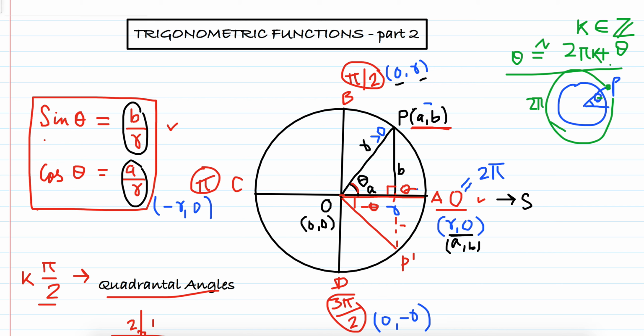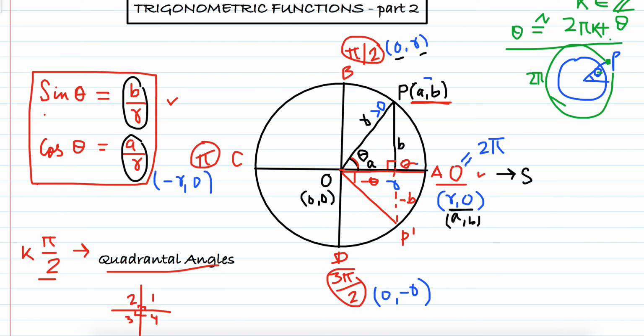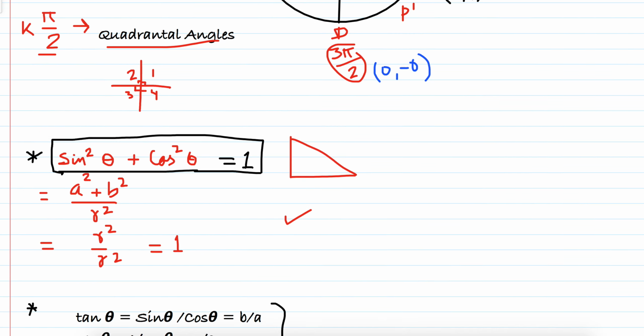So this A will remain the same, but B will become minus B. So sine theta will become negative and cos theta will remain the same because A upon R is the same. But for sine theta we will get minus B upon R.